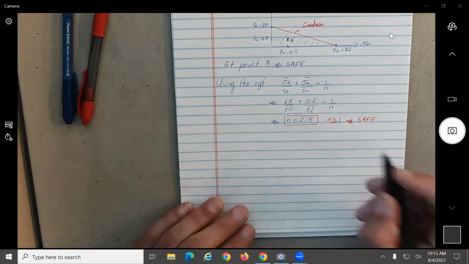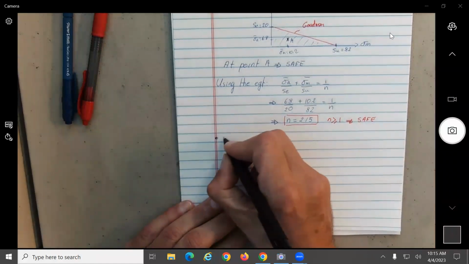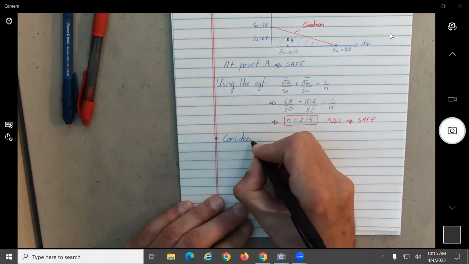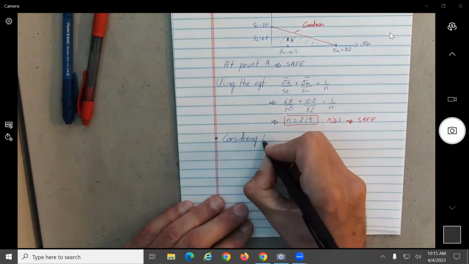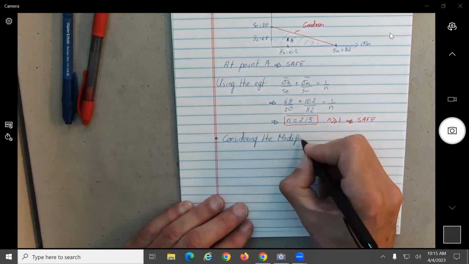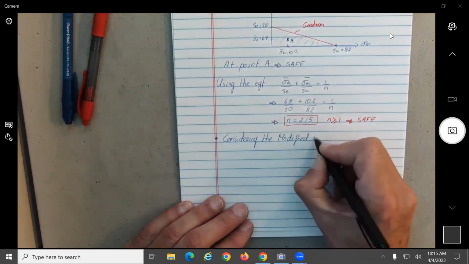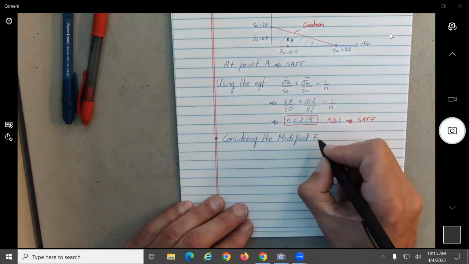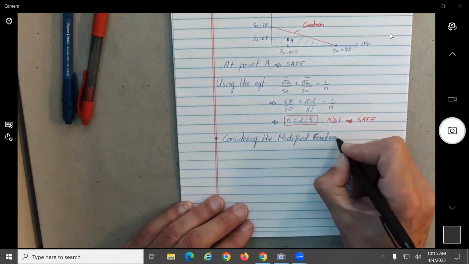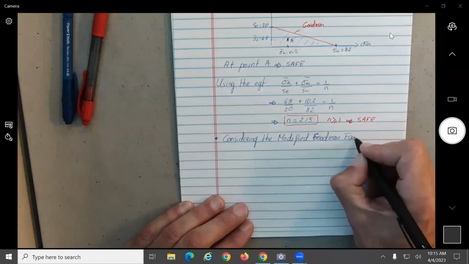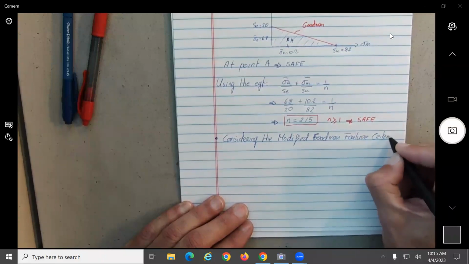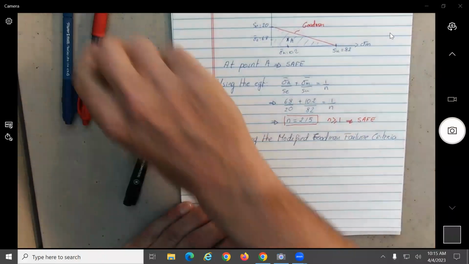Let's do exactly the same thing considering the modified Goodman Taylor criteria.